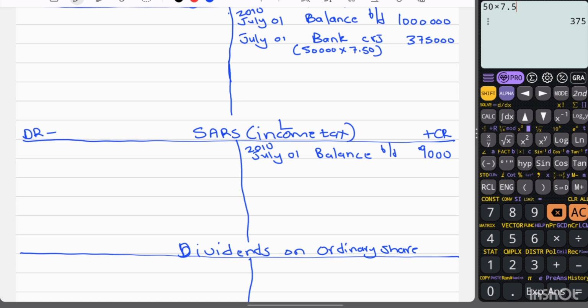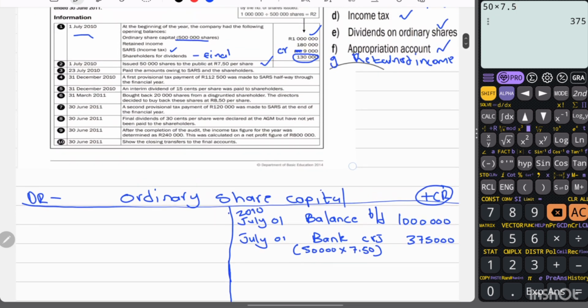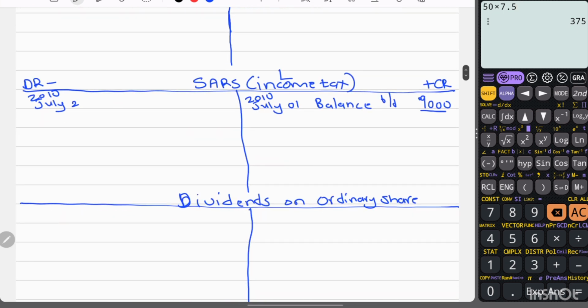In other words, we underpaid SARS in the previous year. So now this year we are paying the money that we were owing last year. Then now bank is affected. We pay this money 2010 July 23.